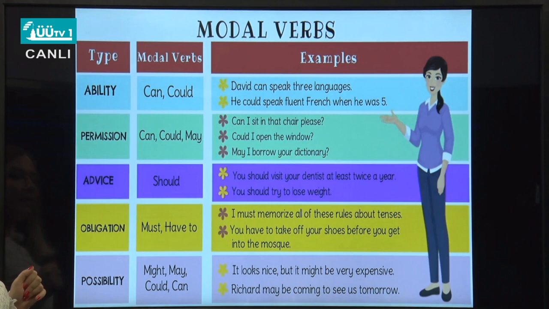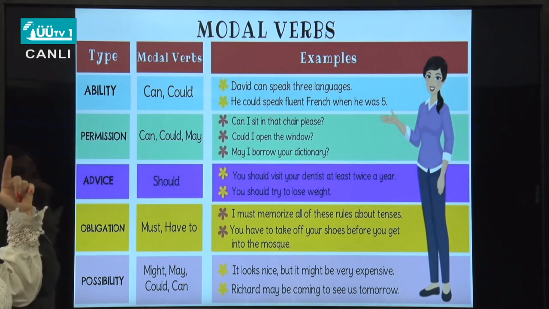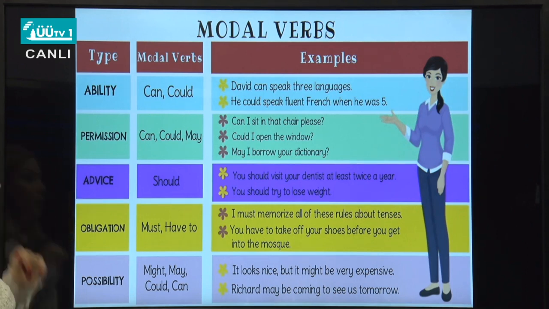Today's lesson is about obligation and advice. So let's go through ability, permission and possibility very fast, and then we will move on with our main topic we have today.